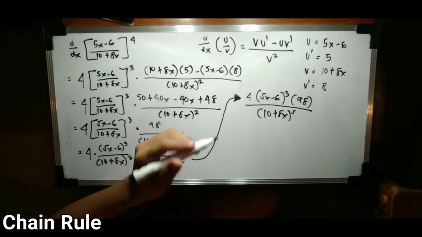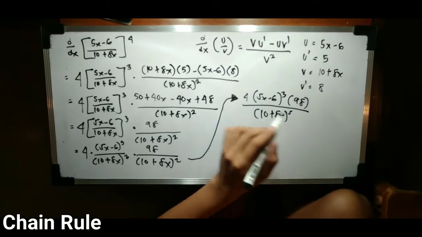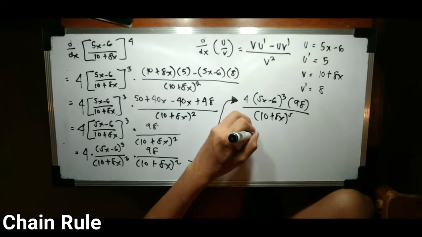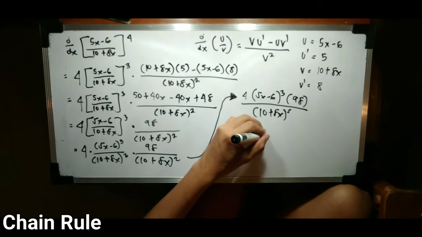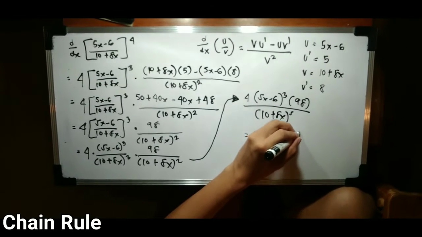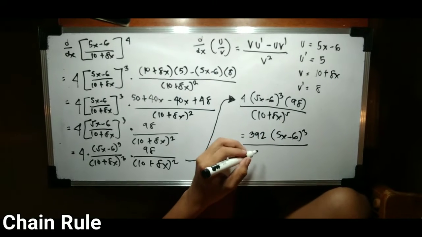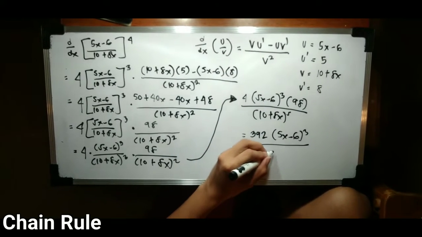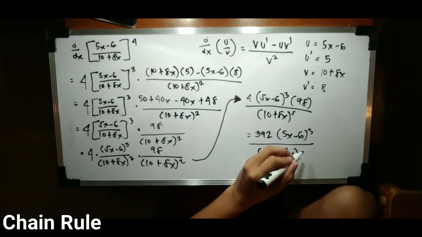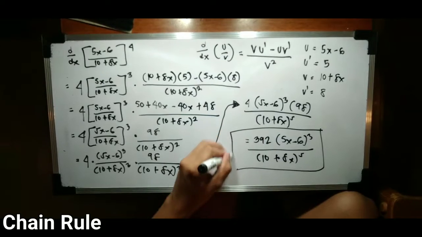So now we can simplify and multiply 4 by 98. So 4 times 98 is equal to 392 times 5x minus 6 raised to 3 all over 10 plus 8x raised to 5. So this is now our final answer.